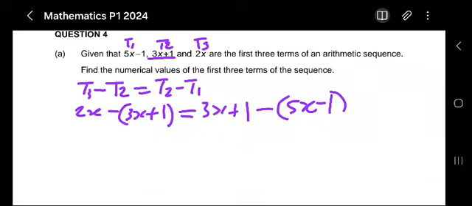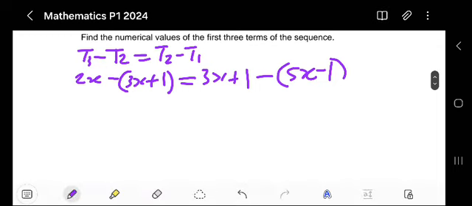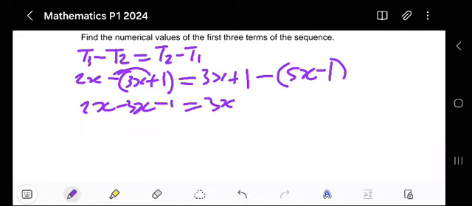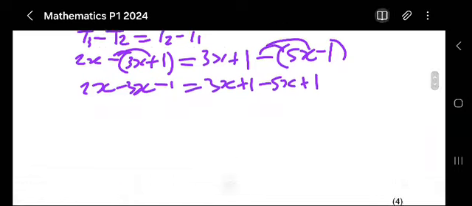Absolutely beautiful. Then we solve for maths. Distribute, we'll have 2x minus 3x minus 1, 3x plus 1 minus 5x plus 1. Then you do your math.